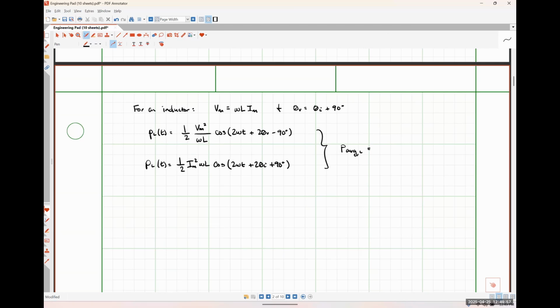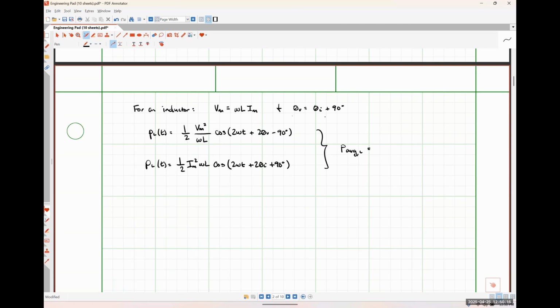It's literally zero, right? So let's talk about why it's zero pretty quickly, but it should be fairly easy to figure out. We know that theta v is equal to theta I plus 90 degrees. So that means that our phase angles for our voltage and current are 90 degrees out of phase.